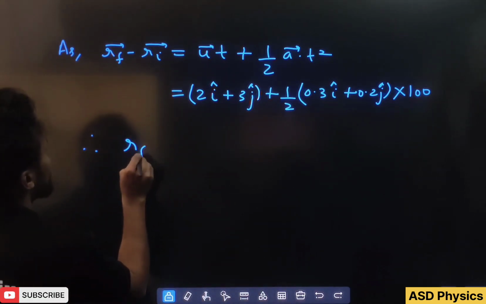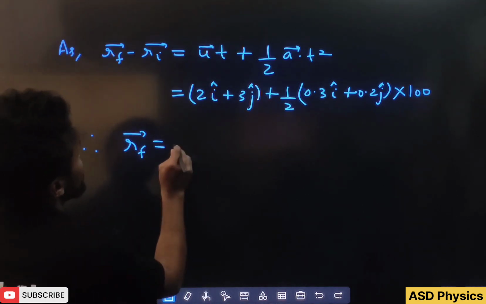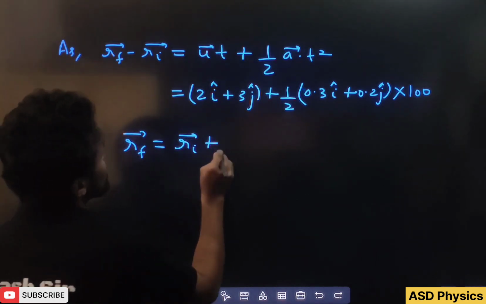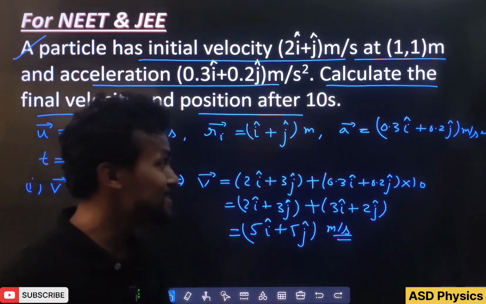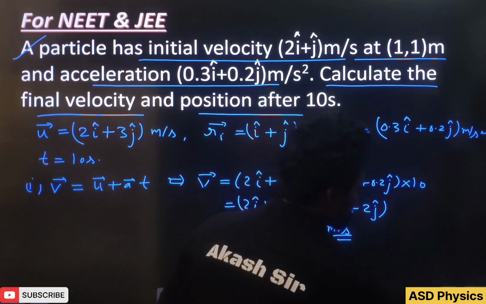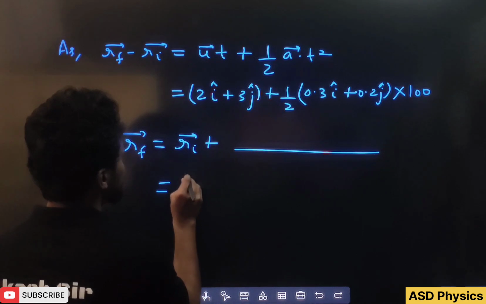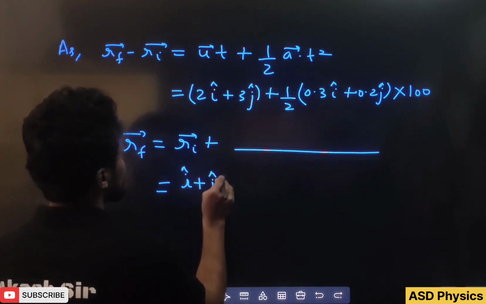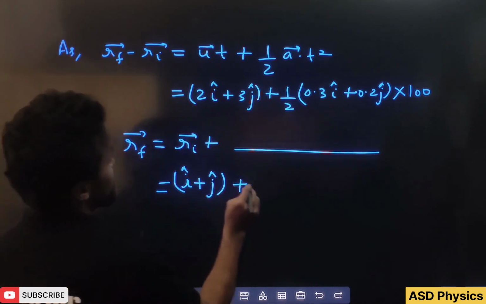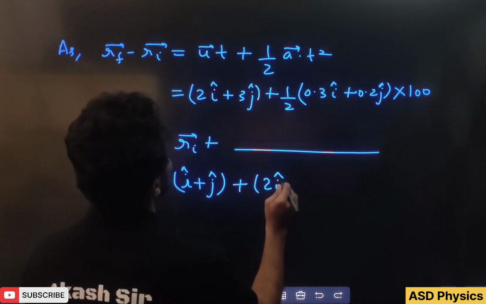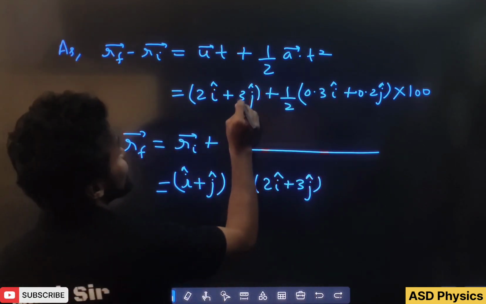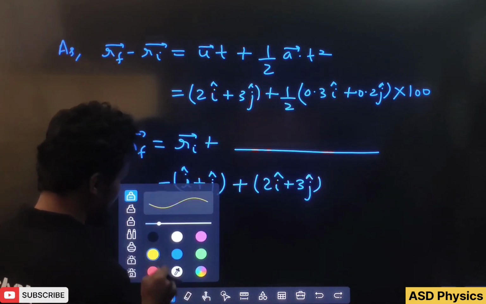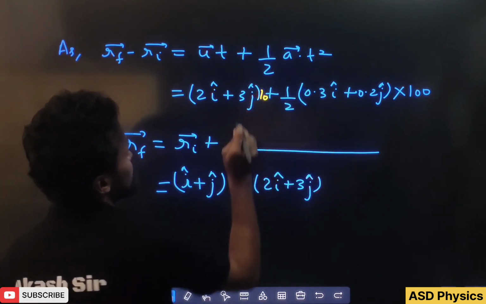Now students, this RF value will come as RI plus whatever we have got here. And RI is given as i cap plus j cap. So RI is i cap plus j cap, plus vector u, 2i cap plus 3j cap, and remember we have to multiply with the time also, 10.